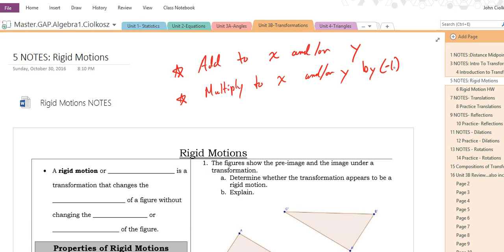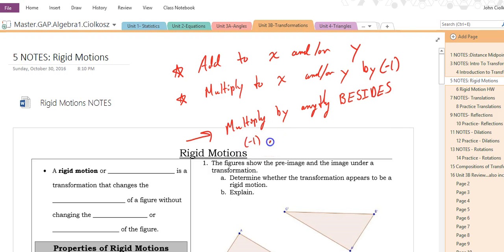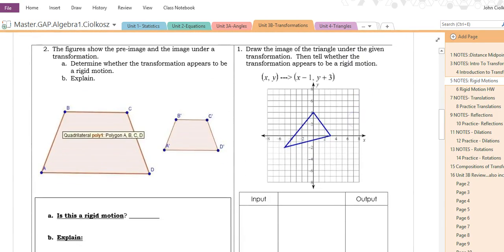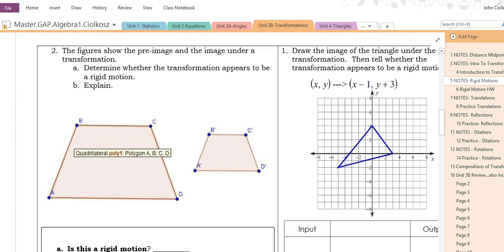If you multiply by anything besides -1, it's not rigid motion. So, with that, let's go ahead and take a look here. Well, this one, that's definitely different sizes. Not rigid motion.